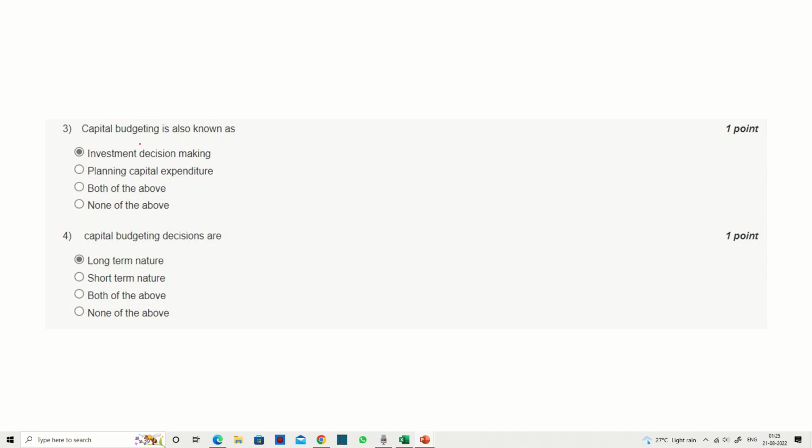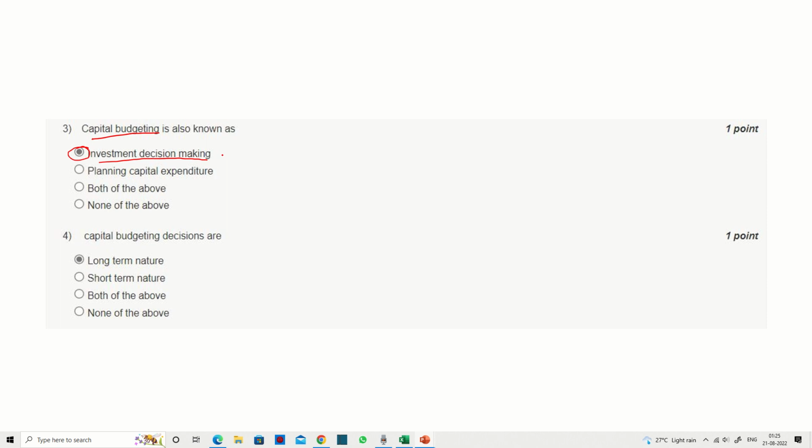Question number 3. Capital budgeting is also known as investment decision making. This has been clearly mentioned in one of the slides presented by Professor M.K. Barua.